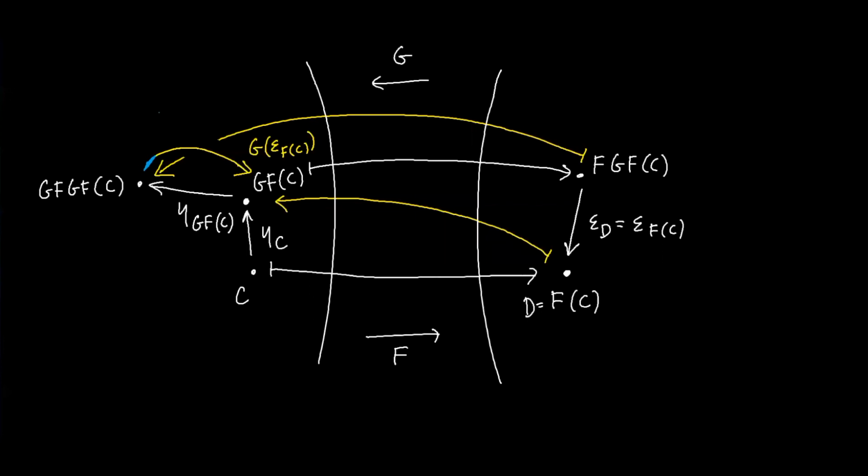Let me not use yellow for this because we used yellow for the mappings. Let me rather use the color blue for that. And I'm going to use the color red for whatever comes from left side to right side. So we've got this one that was G of epsilon of F of C. And then on the right side, I also have an arrow that goes this way, right? And that's F of eta of C, isn't it?